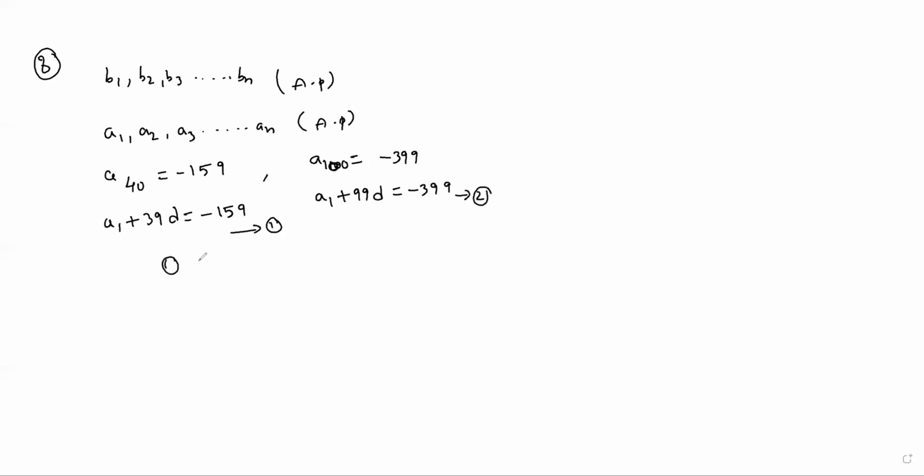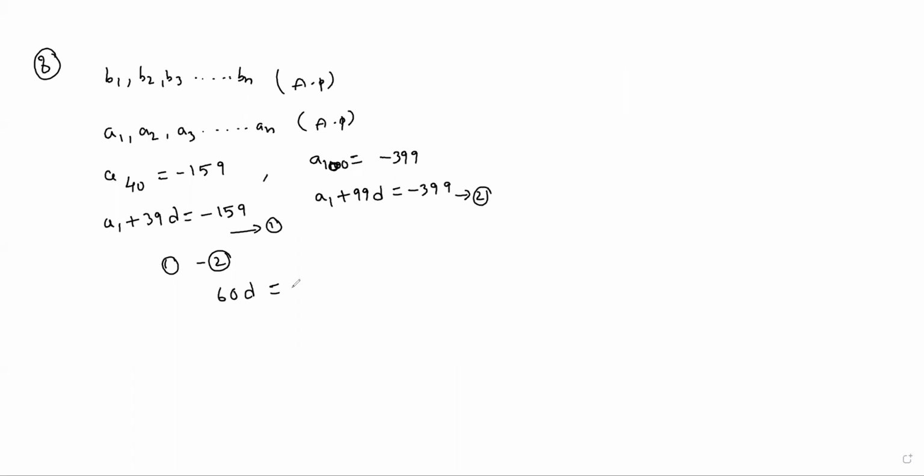Now by subtracting 1 and 2, A1 gets cancelled. 39D minus 99D: if you remove 99D from 39D, how much will you get? Minus 60D. And from 159, 399 is negative, so we add: 159 plus 399 is 240, because first equation minus second equation we are doing.